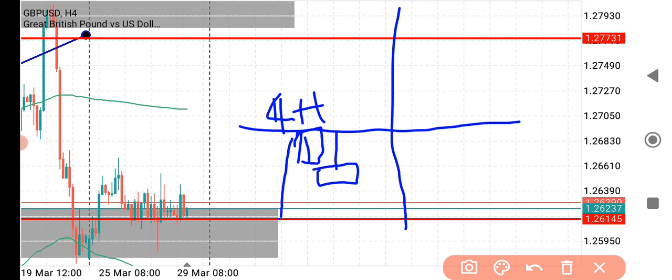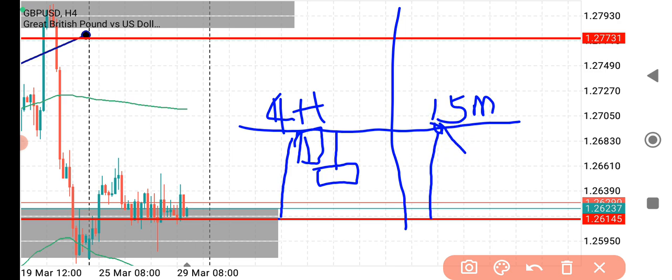Or we'll go to M15, and then we want to see that there is a chart pattern, a double top.